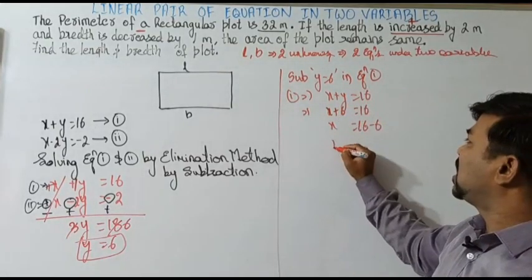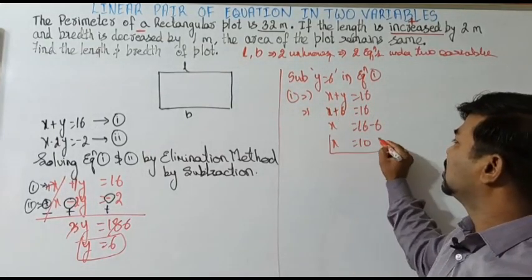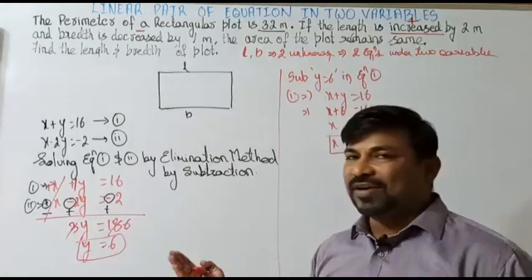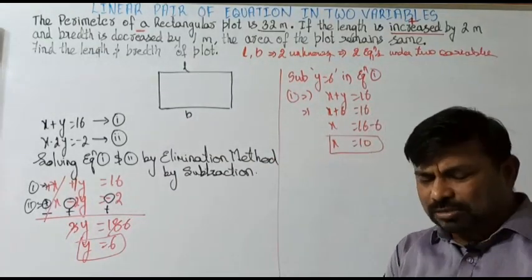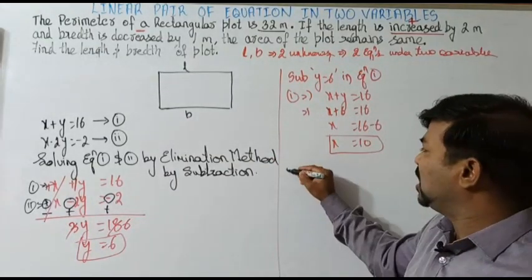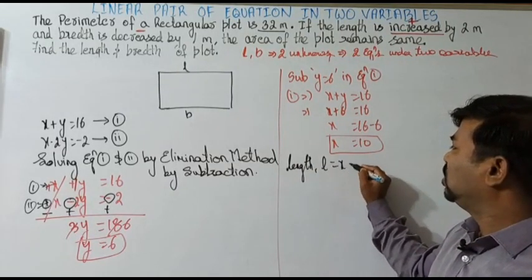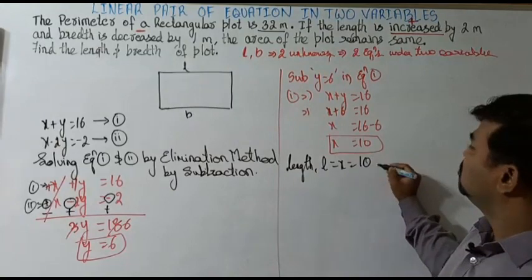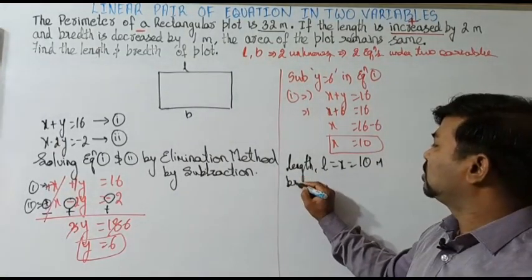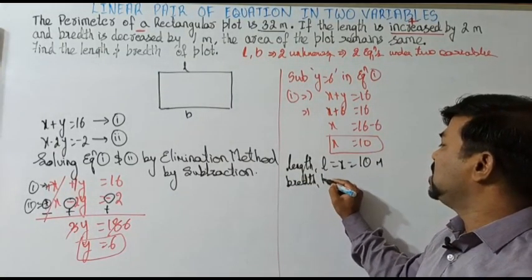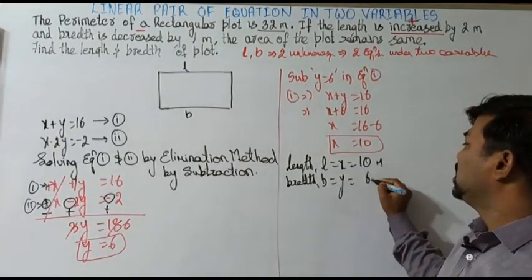If it goes to the other side, x is equal to 10. Right, we got the values of x and y. Now let's check it out. Length of the plot, L equals, how much is that? 10 meters, and breadth B, which we are calling y, is 6 meters.